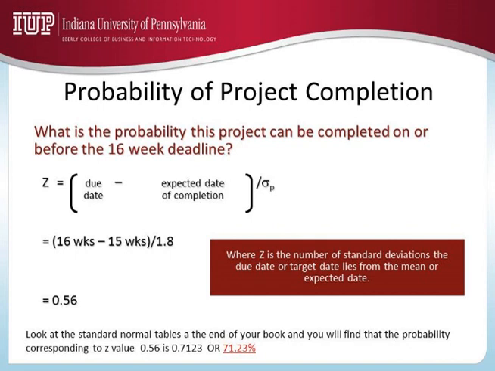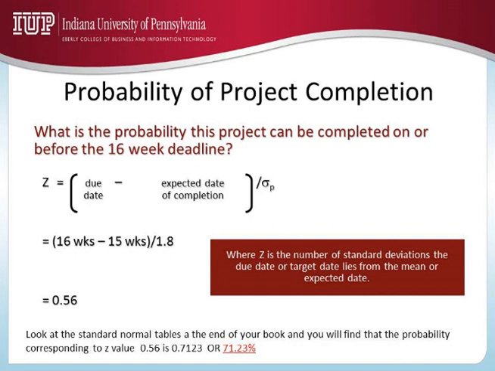So you can conclude that the probability of completing this project within the deadline of 16 weeks would be 71.23%. So if you are a project manager and you want to play it safer than 71.23%, what would you do? You would negotiate for a deadline which goes beyond 16 weeks.